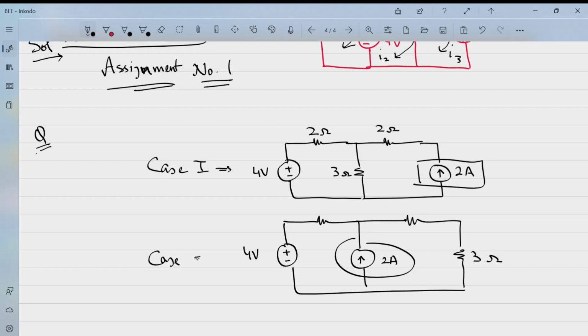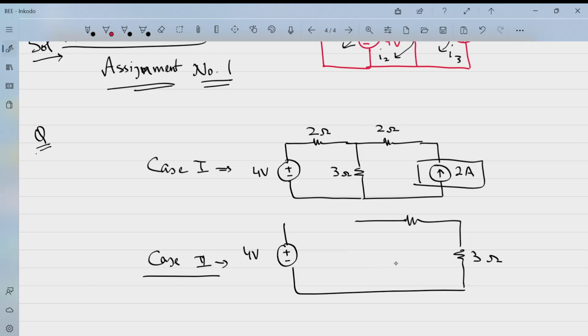Case 2, this is similar to what we had done earlier with nodal analysis. वहाँ पे हमने super node identify किया था. अब instead of having a super node here, we'll identify this as a super mesh. Fine. That means we can actually ignore the current source. वहाँ पे हम वोल्टेज सोर्स को शॉर्ट कर देते थे, यहाँ पे हम करंट सोर्स को ओपन कर लेंगे.